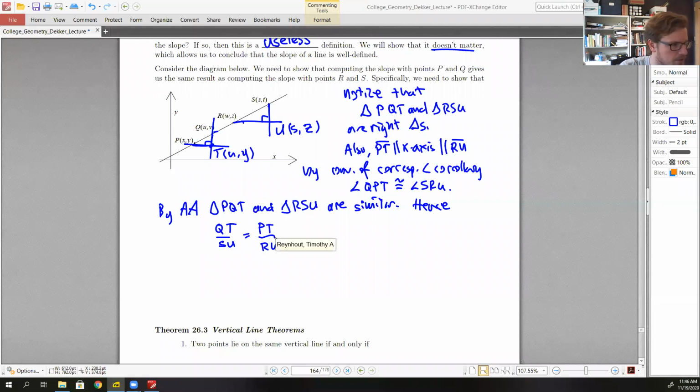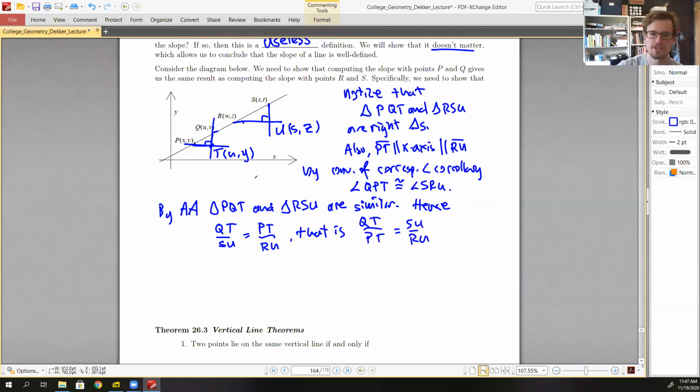Actually, we just need to divide both sides by PT and multiply both sides by SU. That's all that we needed. So that is, we have QT divided by PT is equal to SU divided by RU.